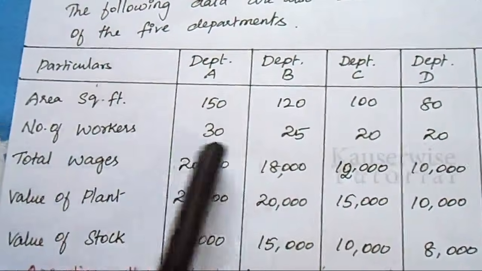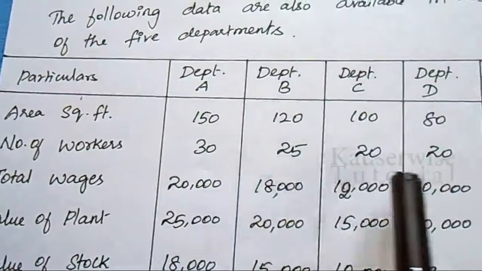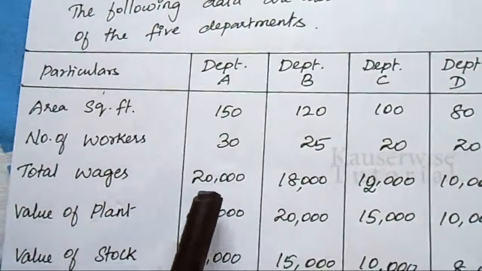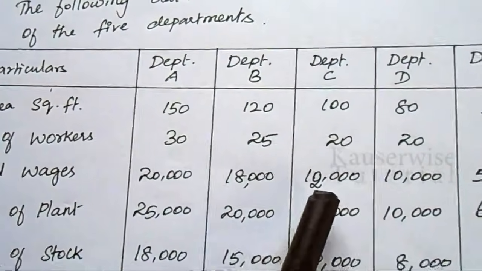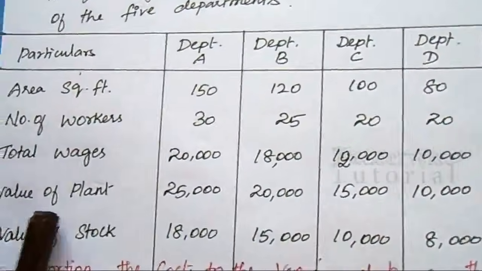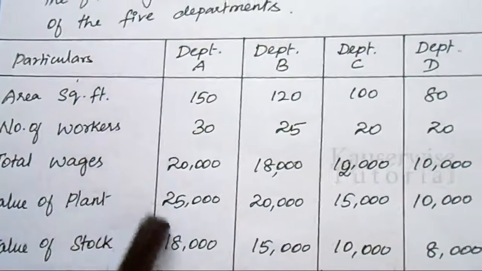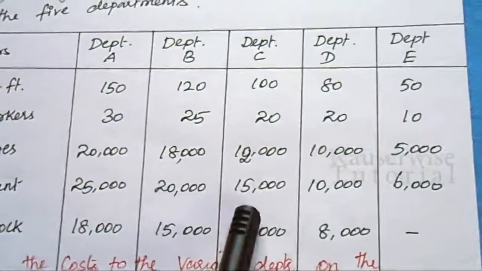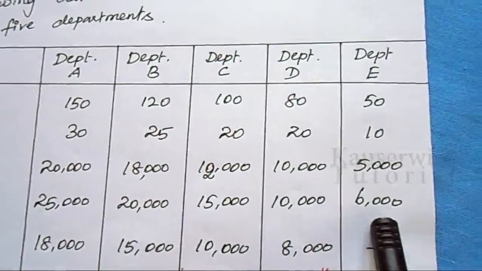Number of workers in each department: 30 employees, 25, 20, 20 and 10. Total wages: Department A 20,000, B 18,000, C 12,000, D 10,000, E 5,000. And value of plant: department A 25,000, B 20,000, C 15,000, D 10,000, E 6,000.